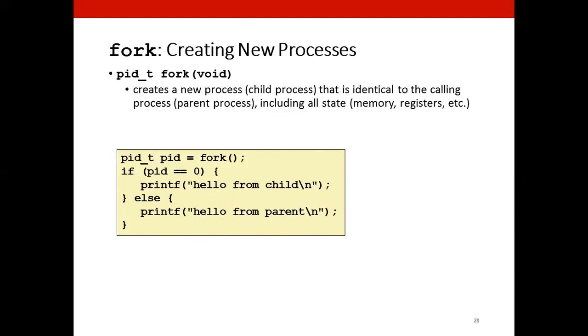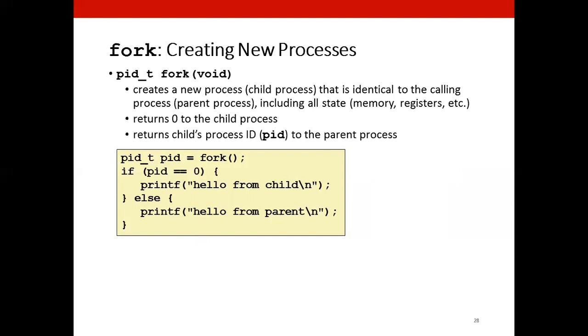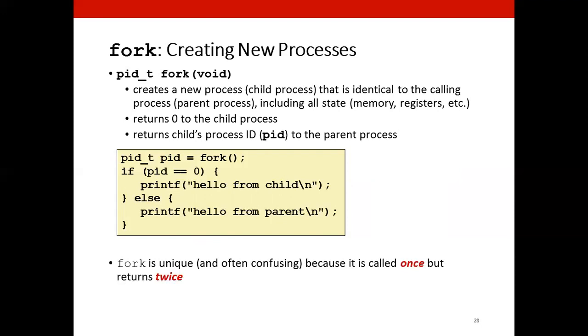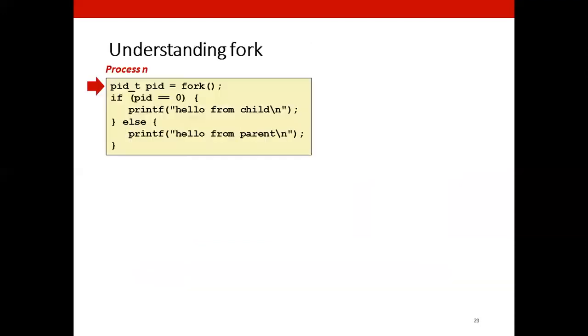Fork creates a new process that is identical to the calling process, that is the parent process. It returns 0 to the child process and it returns the child process ID to the parent process. It might be a little bit confusing. The reason is that it is called once and returns twice, right?